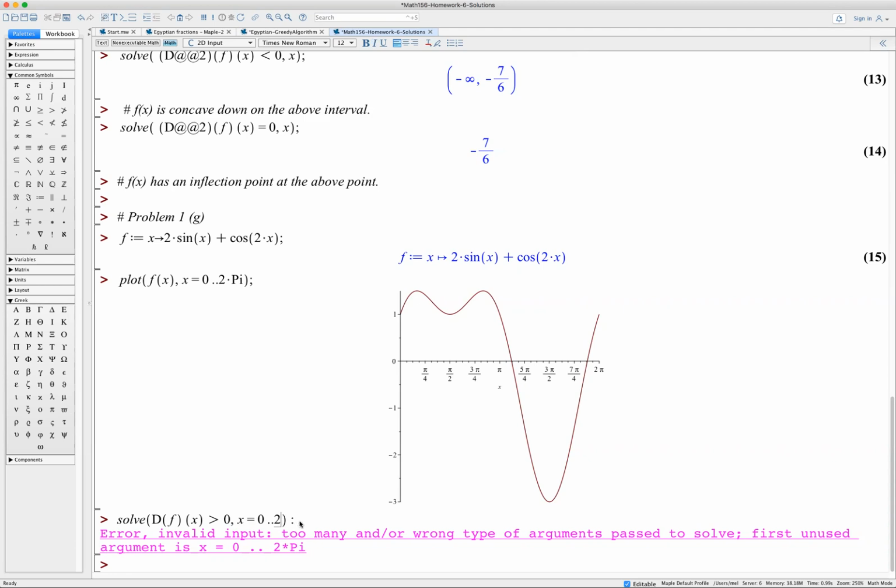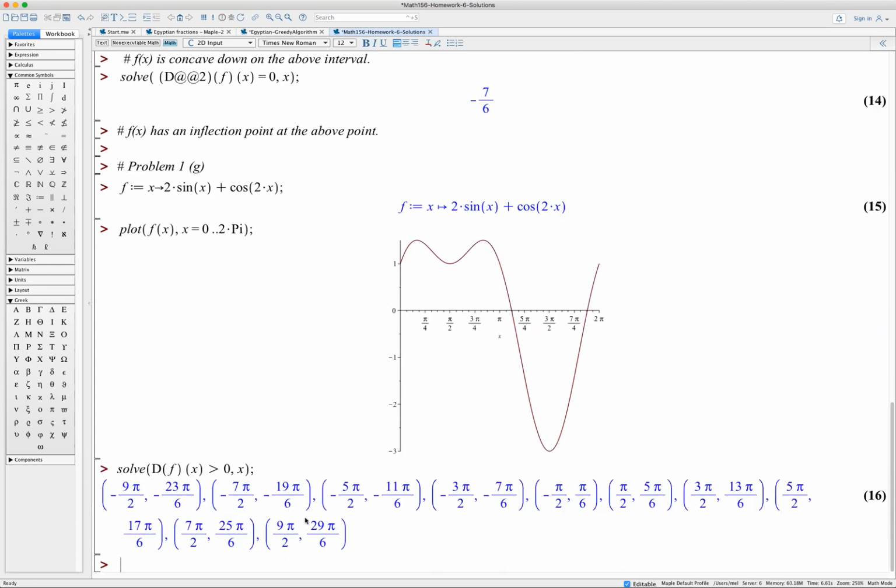So let me just solve this inequality for x. And we get a lot of intervals. So I guess we just have to find the ones that are between 0 and 2 pi. So here, here, here, that's it.